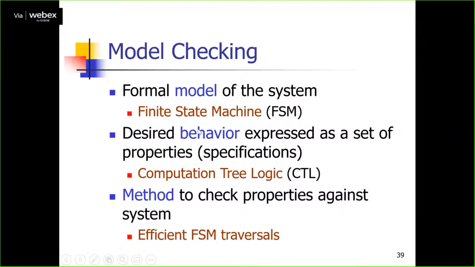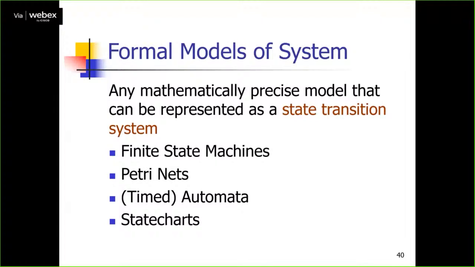To compare this behavior against these properties, we create a method, and that method itself is called a model. We are checking that model, the formal model of the states, against their properties, so that satisfying those properties will give efficient FSM traversals. That is the major end which needs to be looked at.